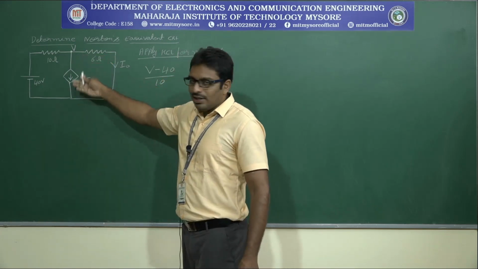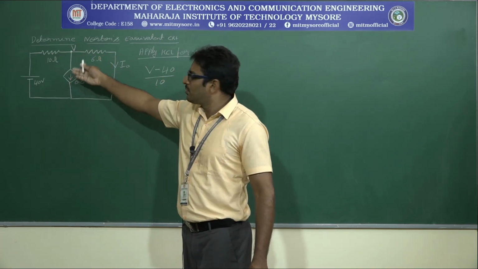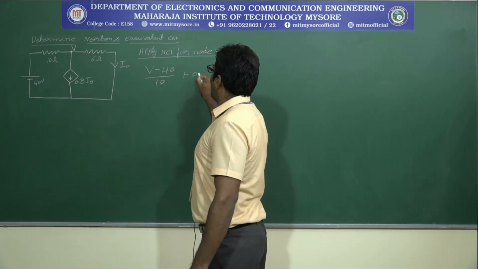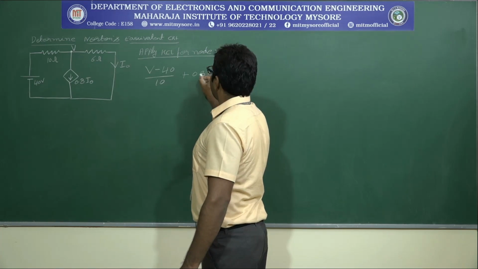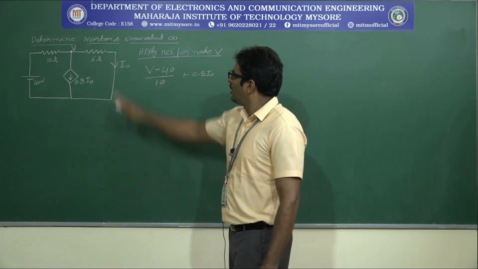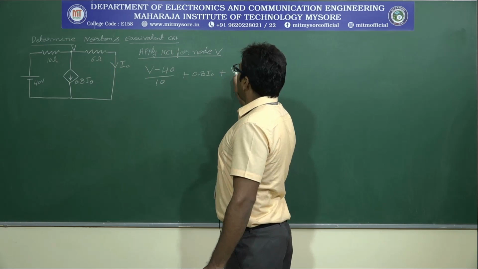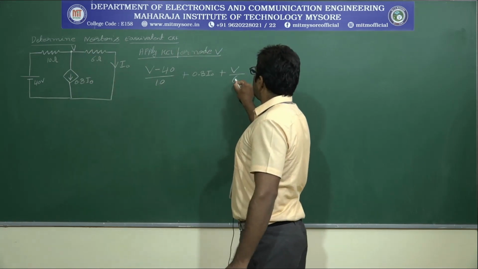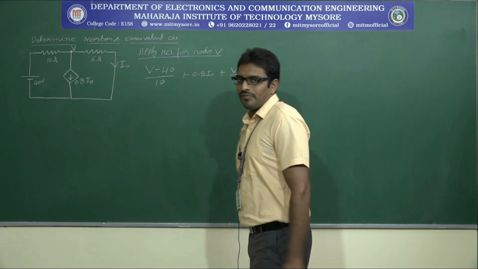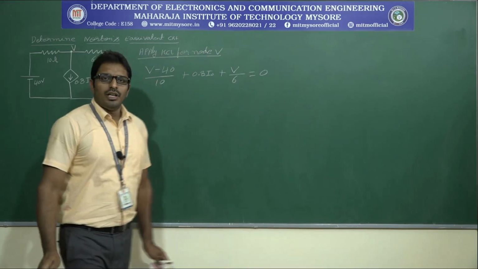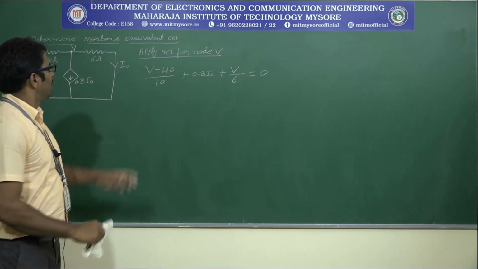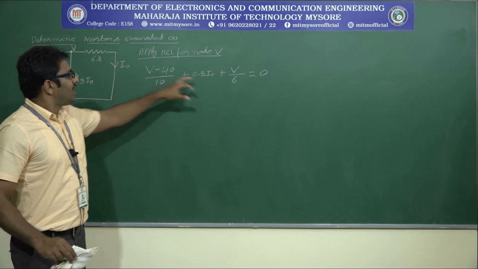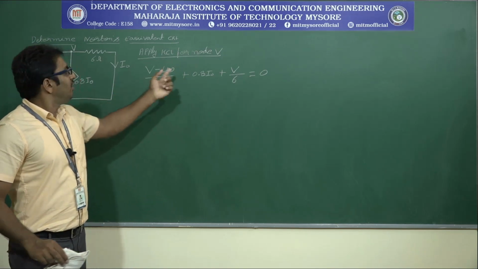Again, this branch current, I mean this dependent current source, is also leaving from the node, that's why plus 0.8 I0, plus V minus 0 divided by 6, that is equal to 0. We have only one node in this circuit, only one equation, but two variables. One is V, the other one is I0. What are we going to find out?